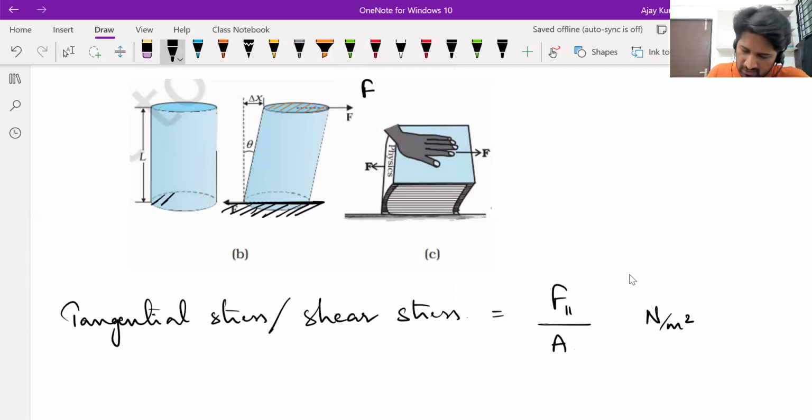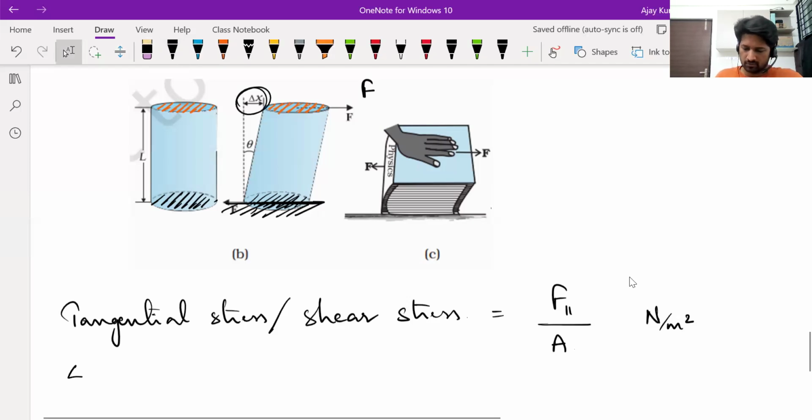The bottommost layer, I'll shade it in black. The topmost layer of that cylinder, I'll shade it in orange. Now we are forcefully not allowing the bottom layer to move. So the black one stays there itself. The topmost layer, the one which is shaded in orange, undergoes some displacement relative to the bottommost layer. That displacement is delta x.